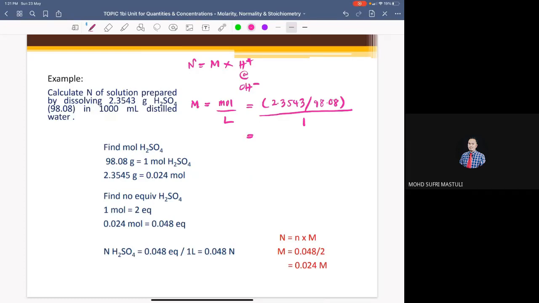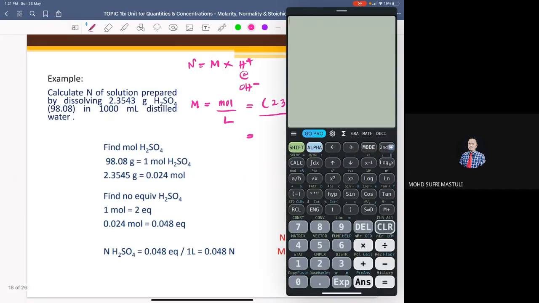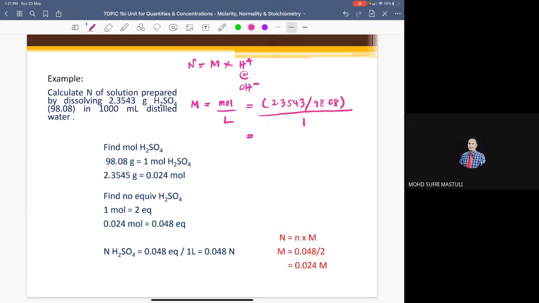So 2.3543 divided by 98.08, and then divided by 1, gives 0.024 molarity.